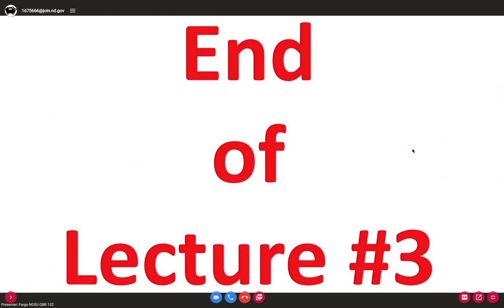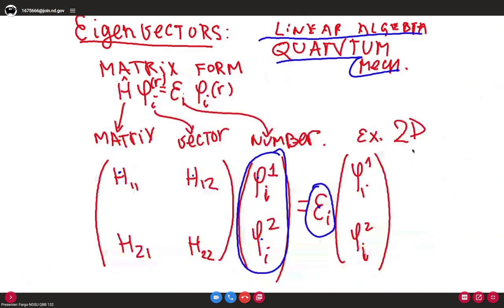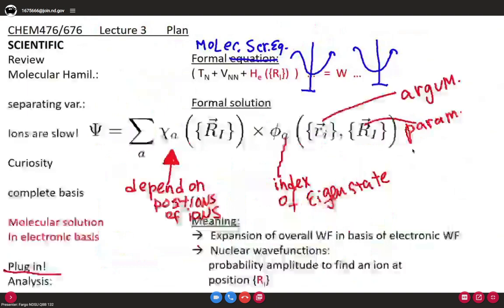Question. On the slide that you had with the wave function, really just understand that the formal solution, with the positions of your ions or the index of the eigenstate, relates back to your Hamiltonian and your Schrodinger equation. Just understand how those two are connected, and then you'll be pretty good.